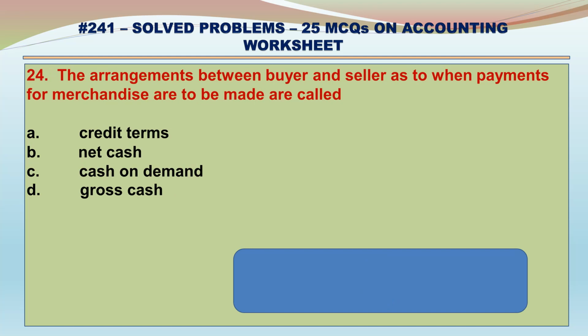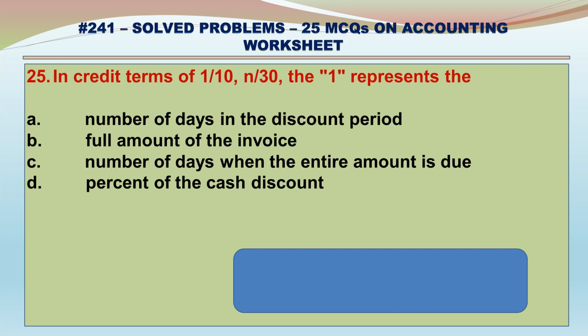24. The arrangements between buyer and seller as to when payments for merchandise are to be made are called: Option A. Credit terms. Option B. Net cash. Option C. Cash on demand. Option D. Gross cash. Answer A. Credit terms. 25. In credit terms 1/10, n/30, the 1 represents the: Option A. Number of days in the discount period.